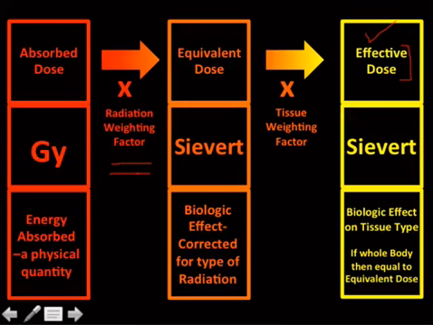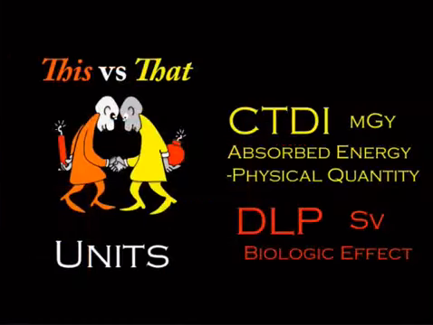If all the dose is absorbed into the tissue, then 1 gray is still going to equal 1 sievert. If you're dealing with organs or a specific body part, you have to use this tissue weighting conversion factor, which they have to give you if they wanted you to do the math.